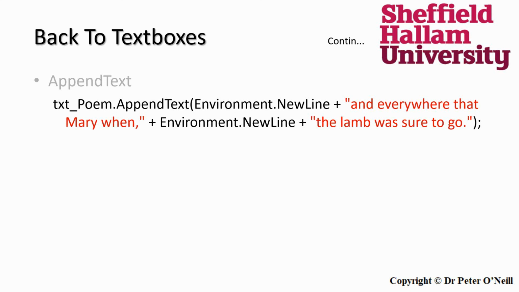So each line goes on a new line. The new lines separate and we concatenate using our plus symbols. The final button, of course, was clear, which is dead simple, because all you do is type txt underscore poem dot Clear, and it'll clear the text box for you.